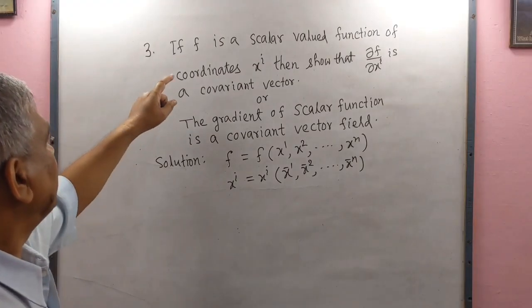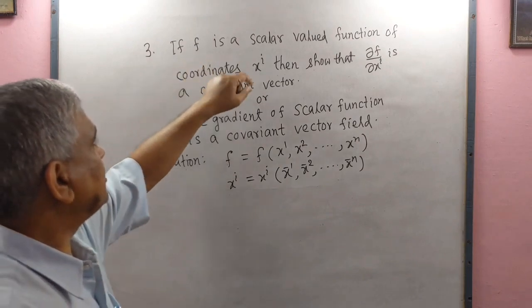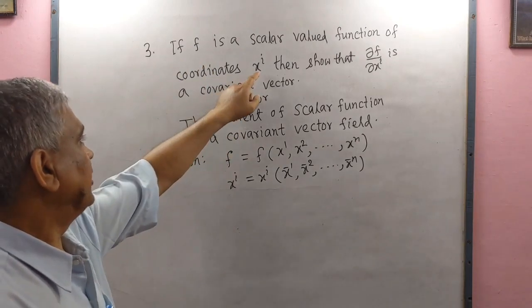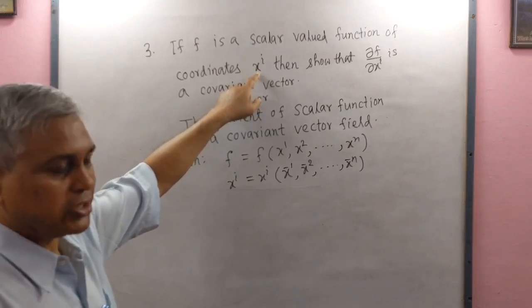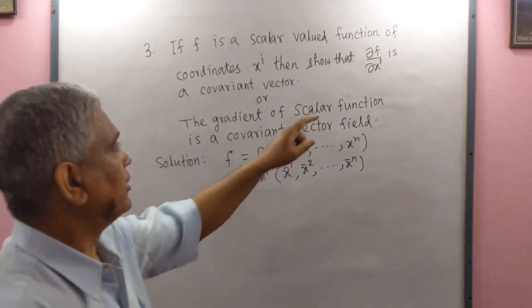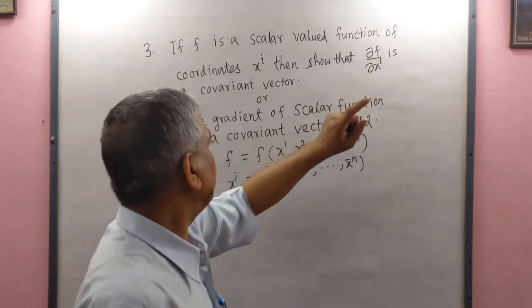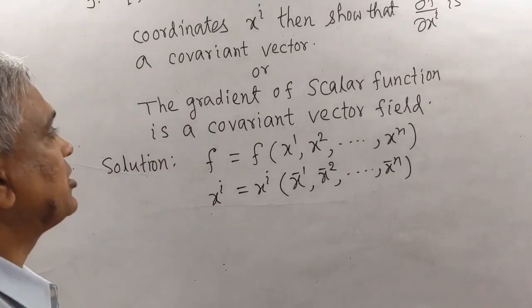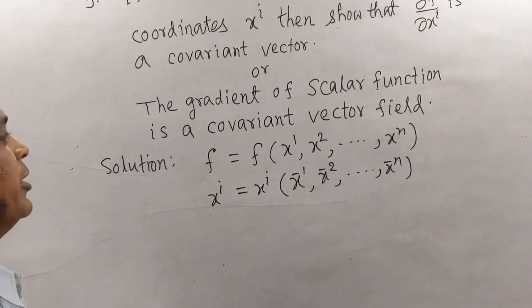Next problem is: if f is a scalar valued function of coordinates, x^i is the coordinate in the x system of coordinates, then show that del f by del x^i is a covariant vector, or the gradient of a scalar function is a covariant vector field.